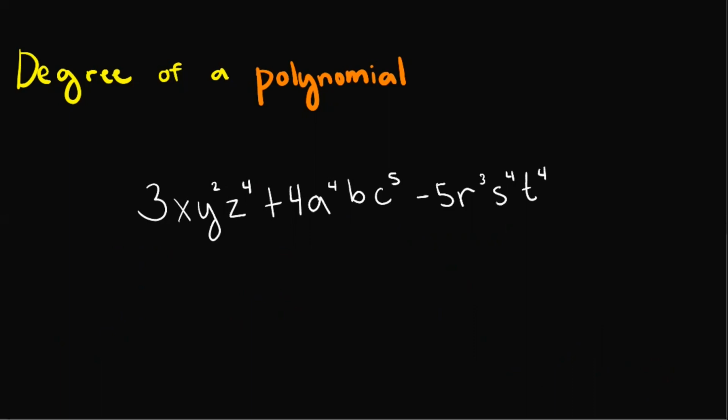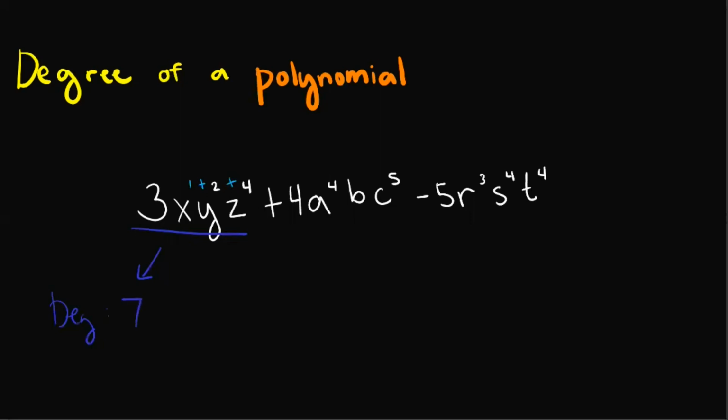So again, more complex one since there are more variables and exponents, but we do the same process. For the first one, we add the degrees of these exponents. So x has, we know, a degree of 1. Then we add 2 and 4. So 1 plus 2 plus 4 would give us a degree of 7.